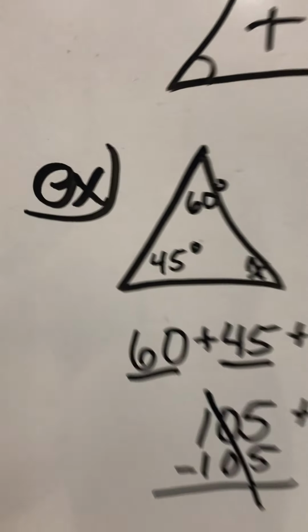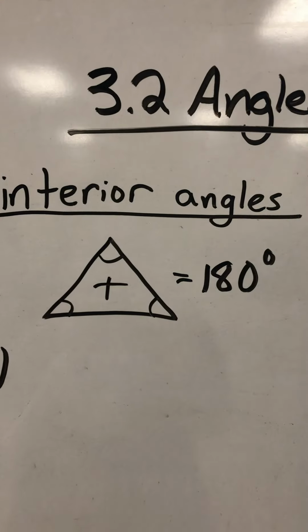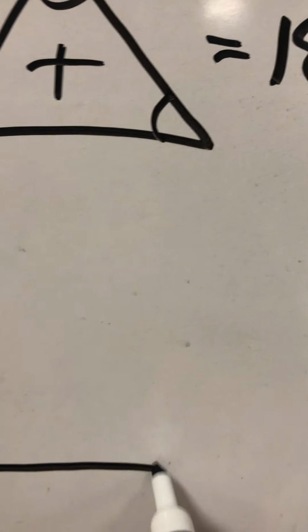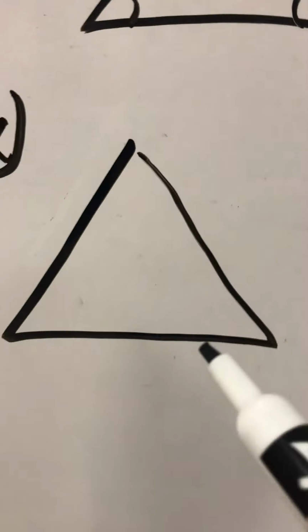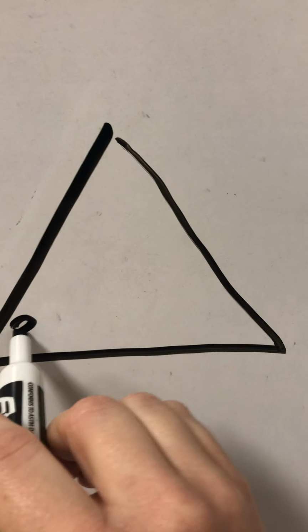Now, what if they give you a problem like this? I'm going to erase this for a moment. We're still talking about interior angles here. If they give you a triangle, and maybe they say, okay, this angle is 30.